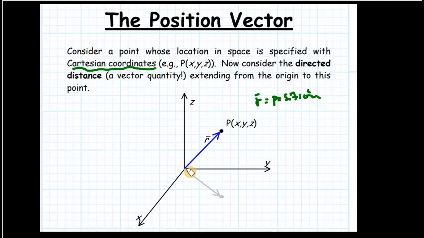So if an object moves from this point to this point, you now see that this is the directed distance. If this is the initial position, let's say this is R1, and this is the final position, R2, this distance will now be R2 minus R1, and it shows the displacement.